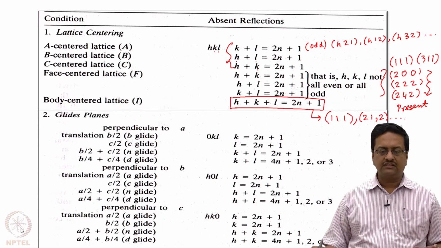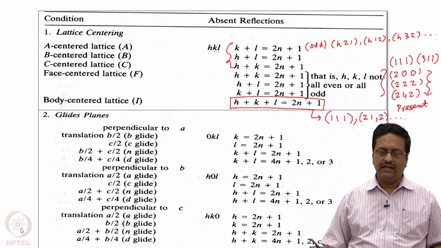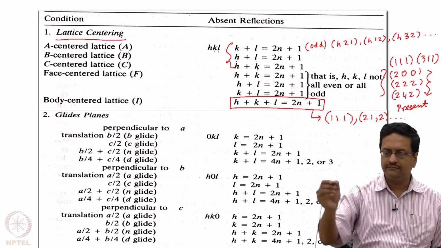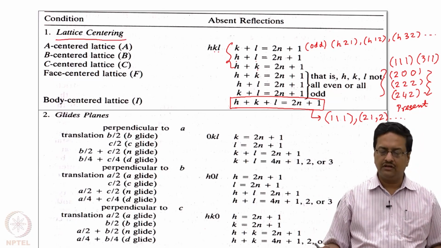We showed you an animation where some of the reflections were bright and some were dull, and the dull reciprocal lattice points were not making any diffraction when they were crossing the Ewald sphere. So we have discussed the systematic absence arising out of various lattice centerings, and we would like to continue from here.